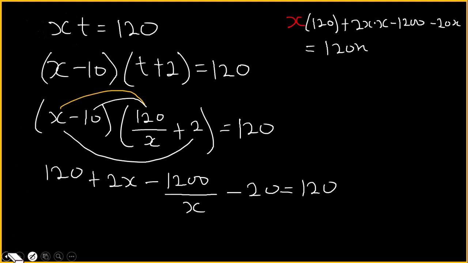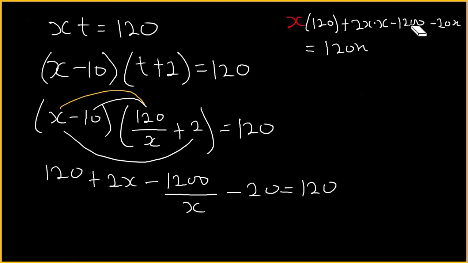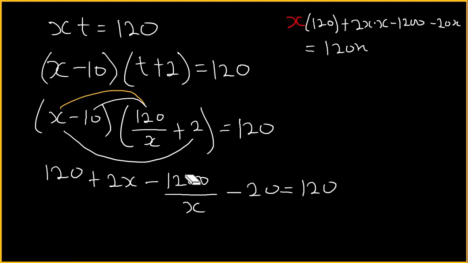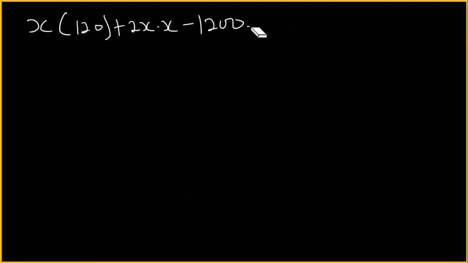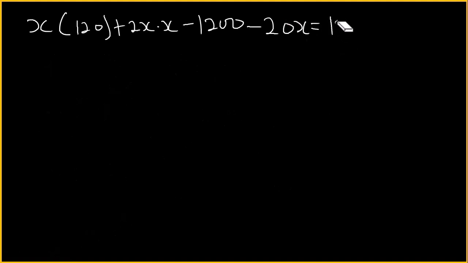Let me write it here. x multiplying 120, 2x by x, minus 1200, minus 20x is equal to 120x.